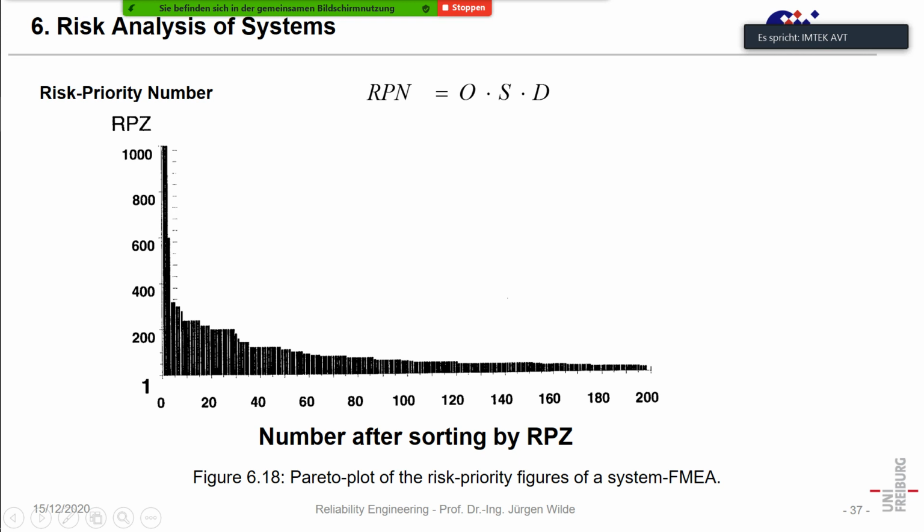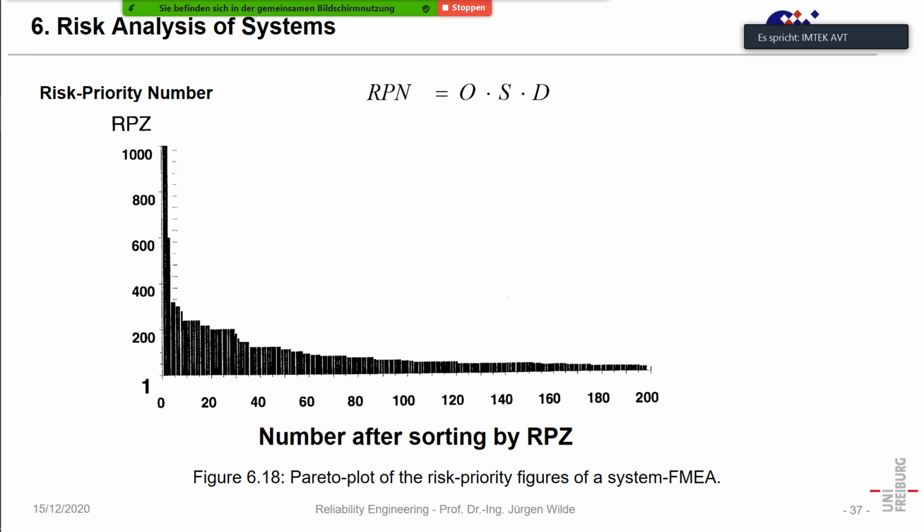So a design which stops, let's say, at 200 is not so good. A design which stops at a risk priority number of 100 is very good, because the harder failures and also many more failures are eliminated.